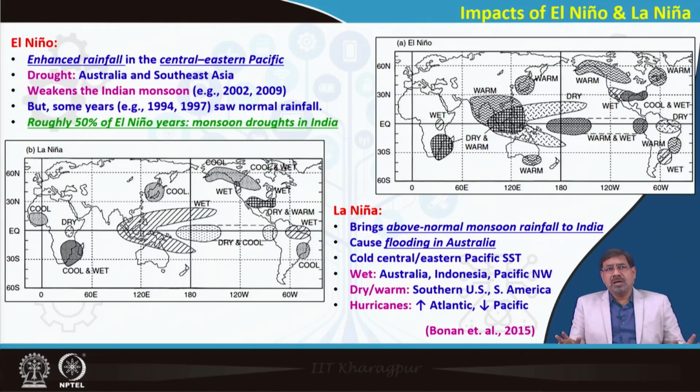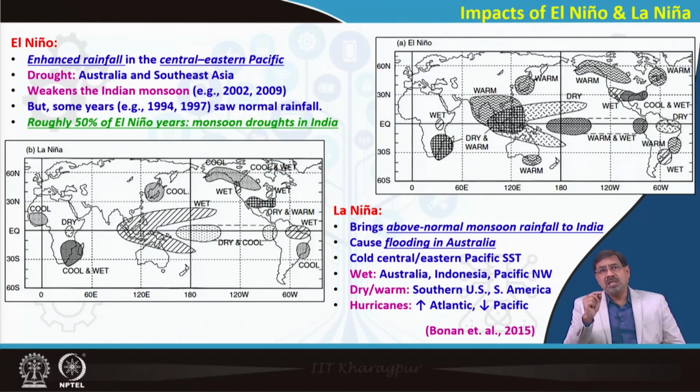So, it is a contrasting situation compared to El Nino over these regions. Dry or warm in the southern US or southern America, and hurricanes in the Atlantic as shown have been seen to increase, while in the Pacific region they have been observed to decrease.